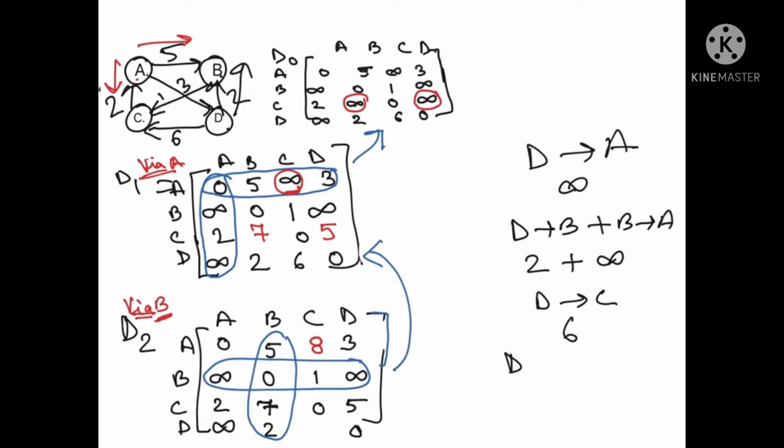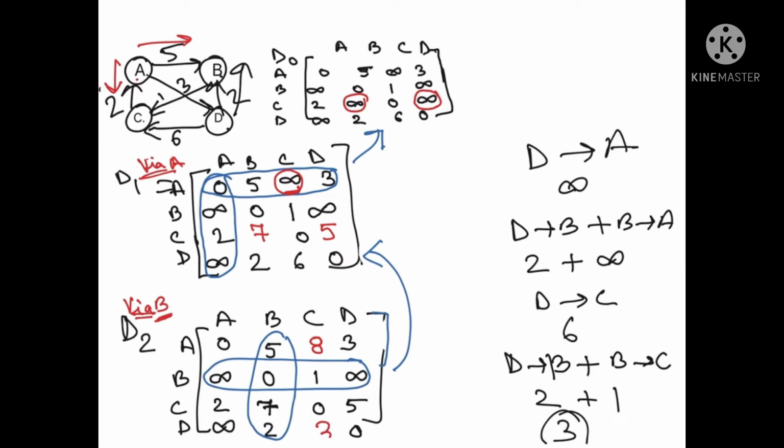And then we have D to B plus B to C. So D to B is 2 and B to C is 1, which is actually 3. And here again, which value changes? This value will change.